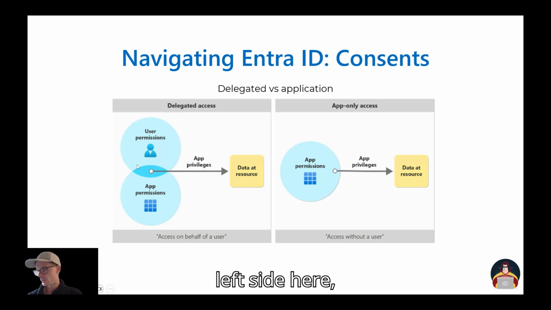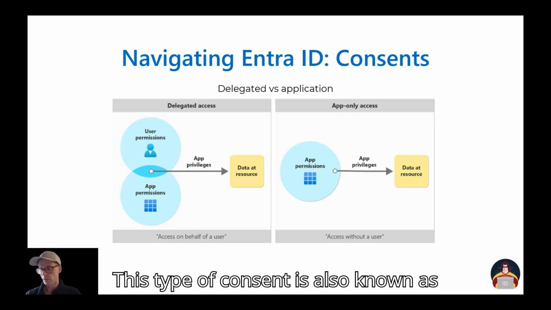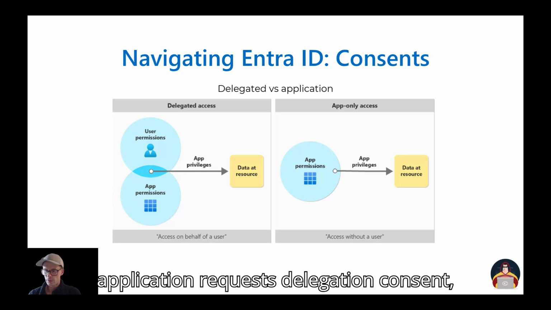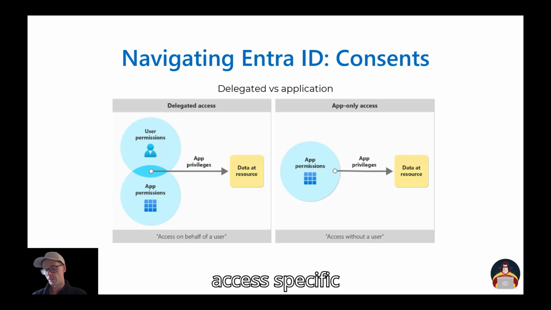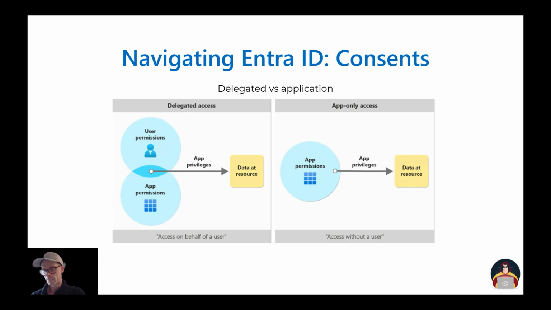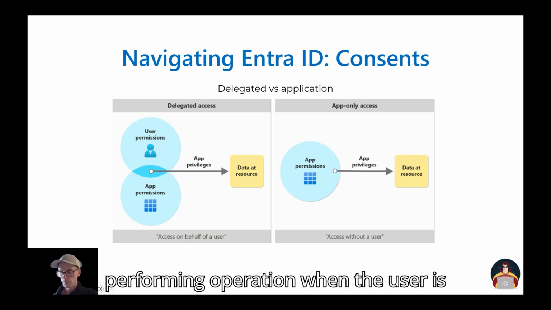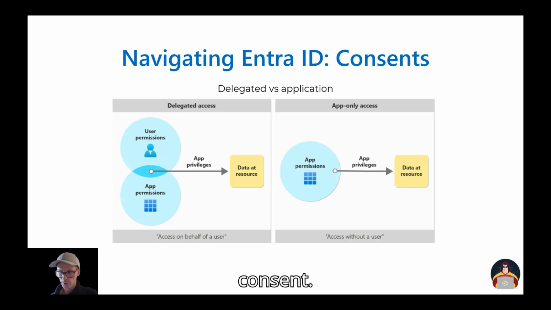On the left side here, you have delegated consent. This type of consent is also known as user consent. When an application requests delegated consent, it's asking for the ability to access specific resources on behalf of signed-in users. This means that the application is only performing operations when the user is signed in and has granted consent.